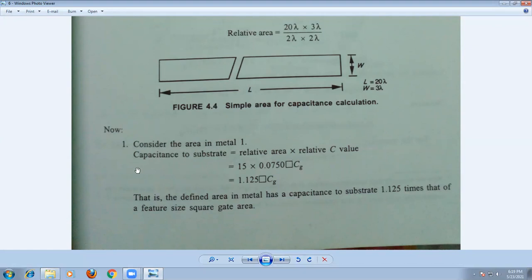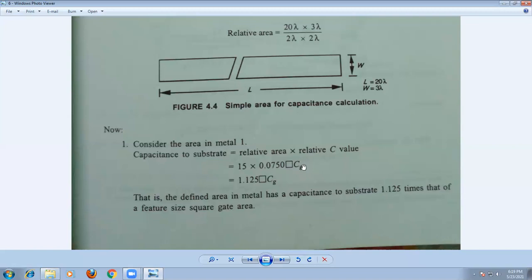So the metal 1 to substrate capacitance is equal to the relative area multiplied by the relative value of C. You know the relative area of the layer is 15, already calculated, into the relative value of C from the table, 0.075. Because we are taking relative values, you will get the unit in square CZ. This is the unit of the metal 1 to substrate capacitance.